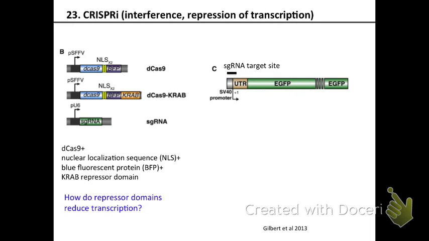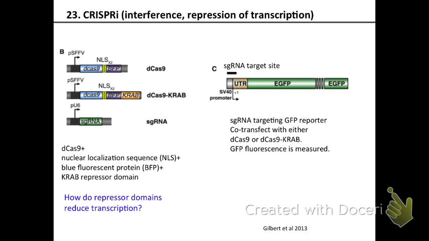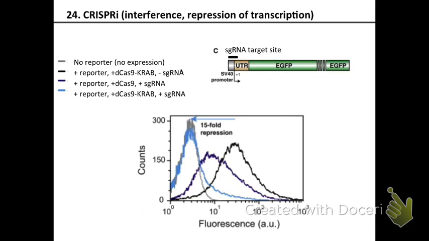The target site is right here in the promoter. So what they're doing is taking this sgRNA construct and choosing either dCas9 alone or dCas9 with the CRAB repressor domain, taking the reporter construct, co-transfecting into cells, and then measuring the GFP fluorescence to see what happens to expression.